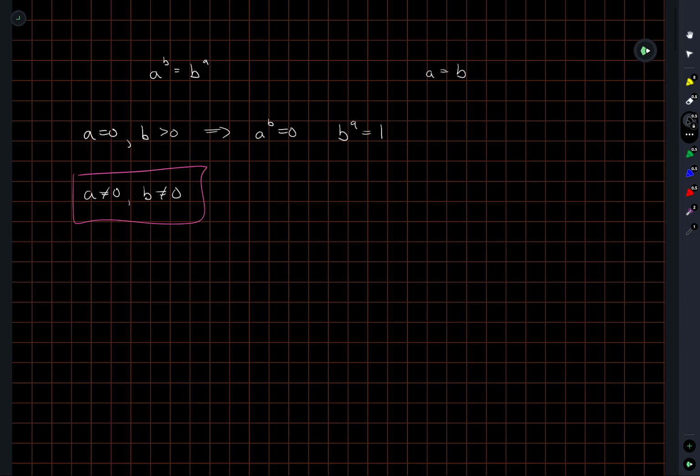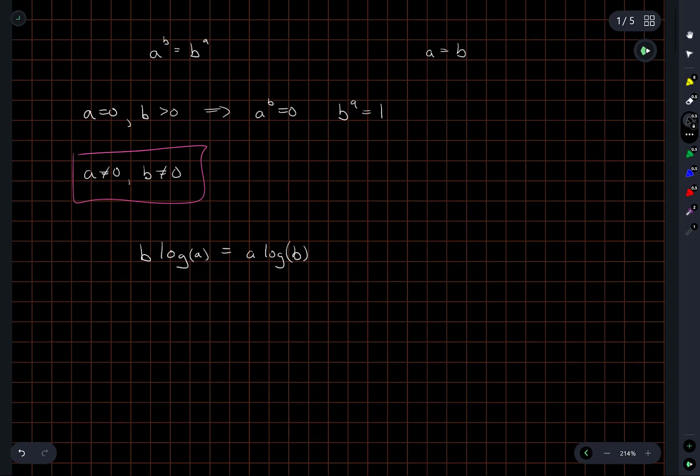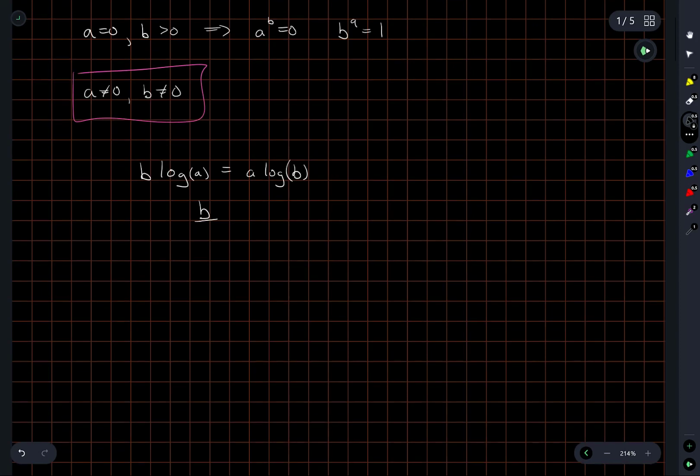I might want to just take some logarithms and see what happens. If I do that, then I have b log a is equal to a log b, which gives b over a is log b over log a, or equivalently, base a log of b. Does this help?